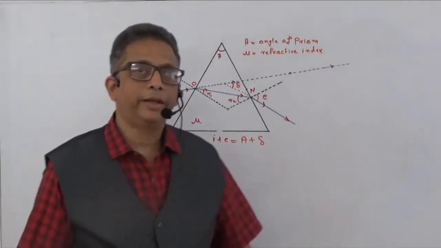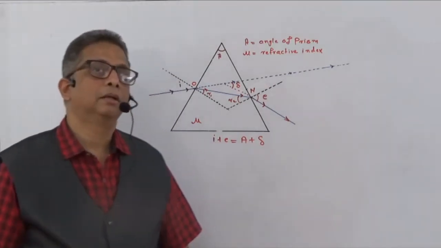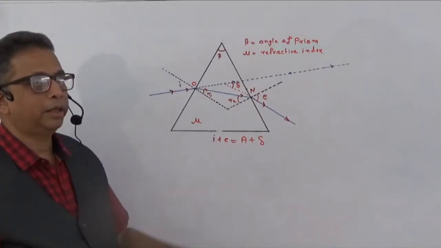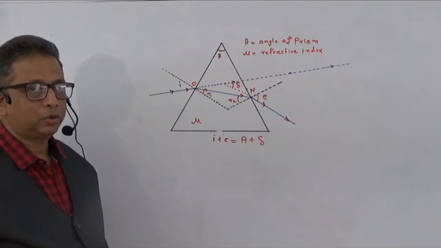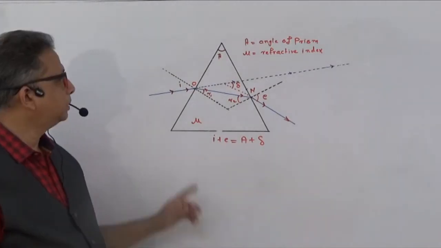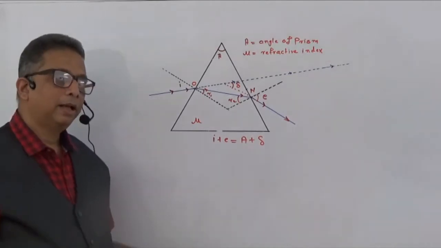So this is how the variables are related as far as a prism is concerned. This is a basic prism, and these are the basic relations of a prism. Please draw this diagram and try to understand all the variables and the angles as mentioned in this diagram.